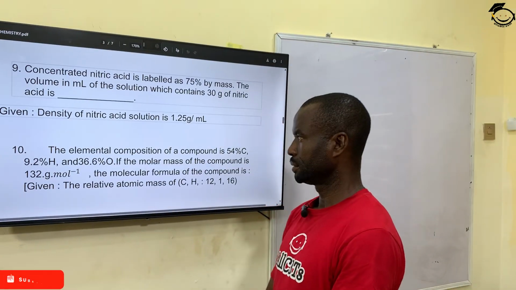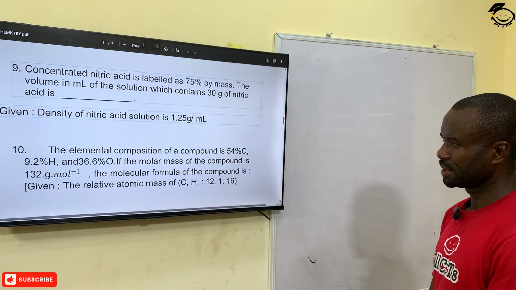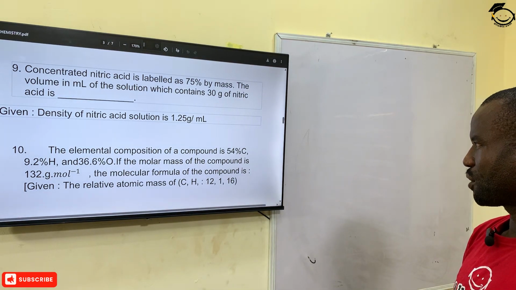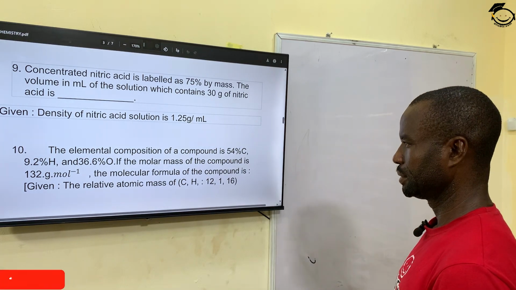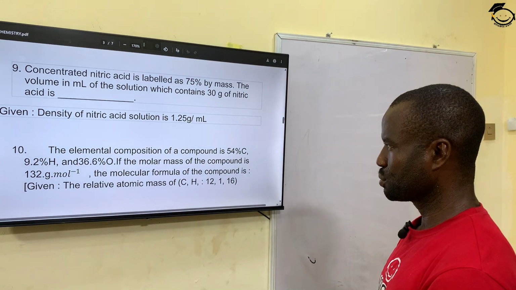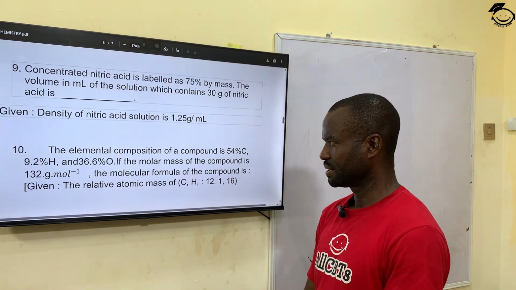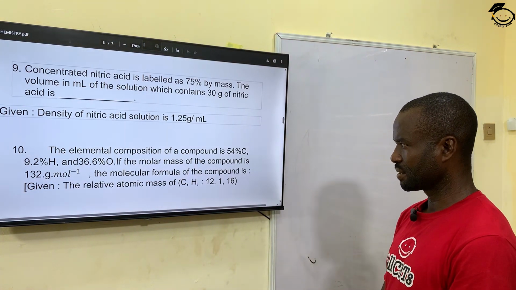Okay. The next question says, the elemental composition of a compound is 54% carbon, 9.2% hydrogen, and 36.6% oxygen.